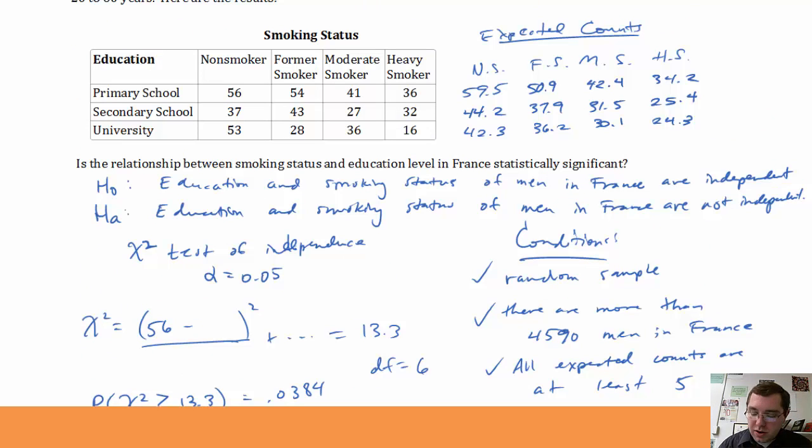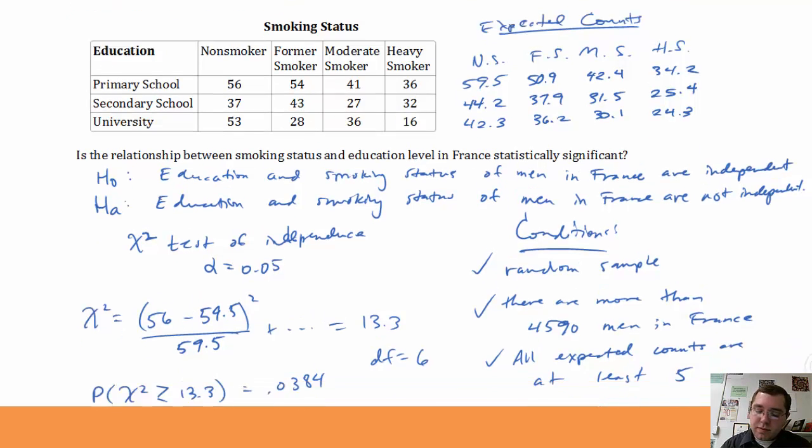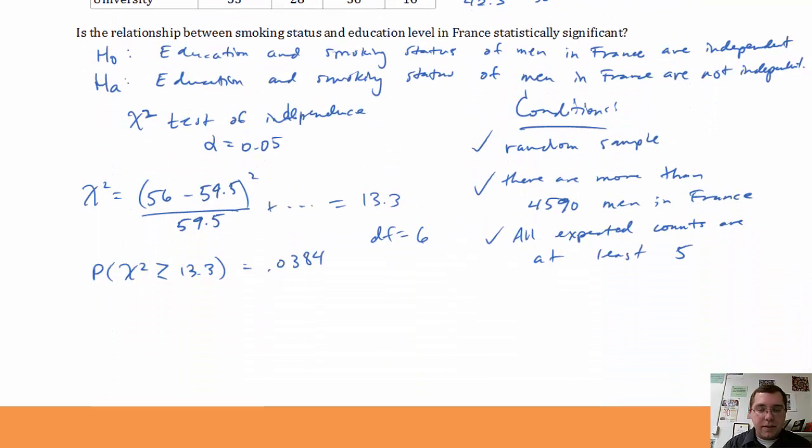Notice, all greater than 5. So I meet that condition that I already said that we met. Now I need to take the first one, the 59.5, which corresponded to an observed value of 56, and I need to plug that into the chi-squared statistic in that first term, so that I'm showing enough work. I do need to write down all of those expected counts.